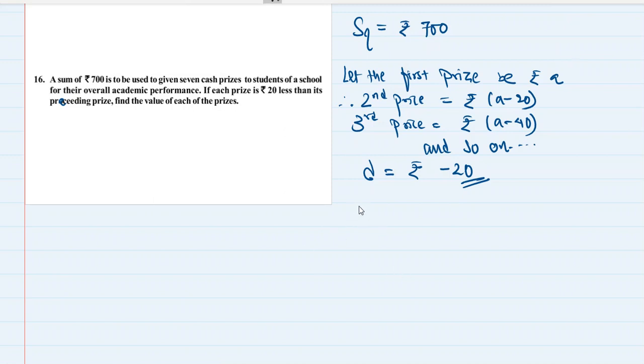Now let's write the formula for the sum of n terms. Sum of n terms is equal to n by 2 bracket 2a plus n minus 1 into d.